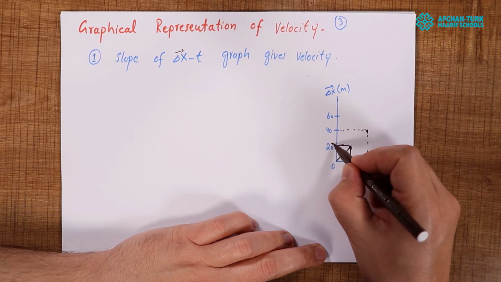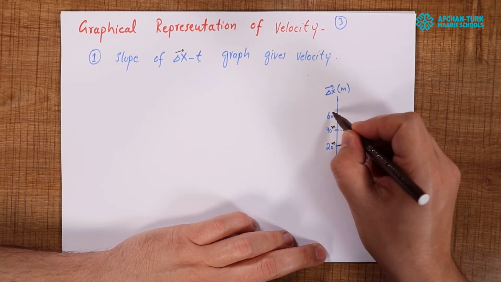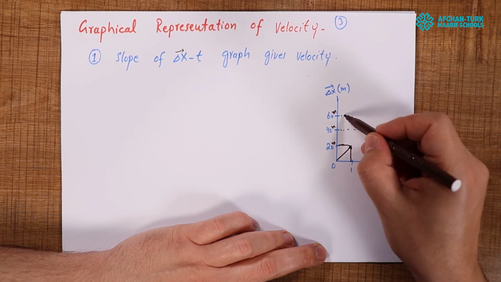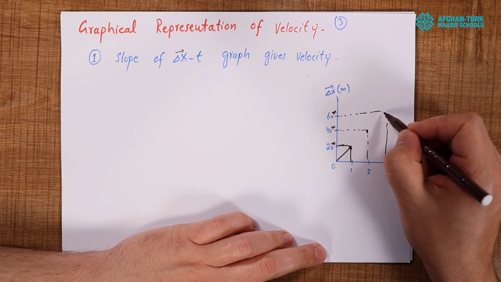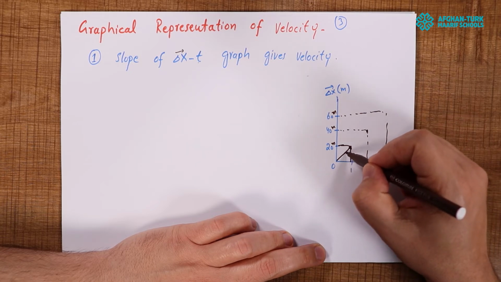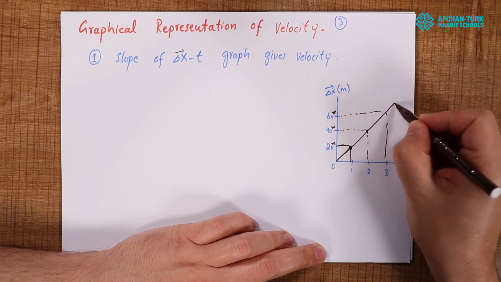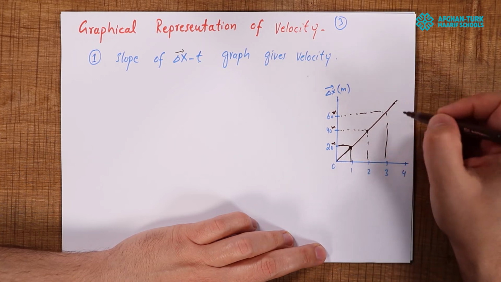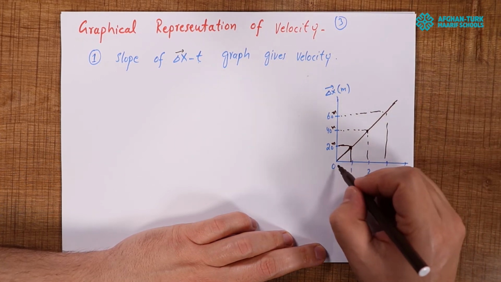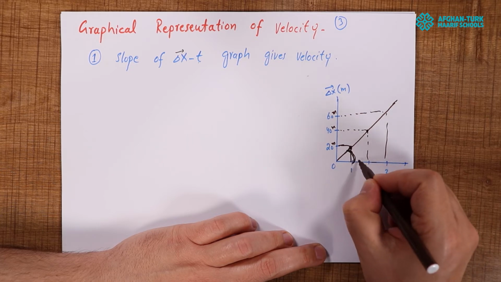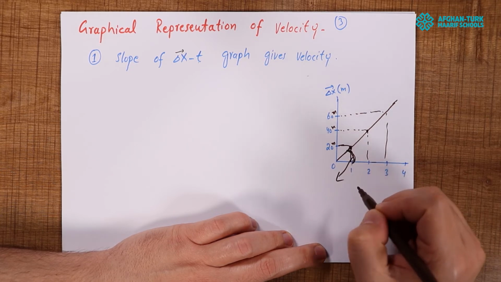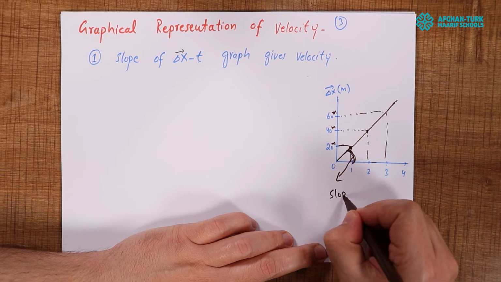This is 20 meter, this is 40 meter, this is 60 meter, and third second this object covered 60 meter. If we combine all these points, it will give us a straight line like this.